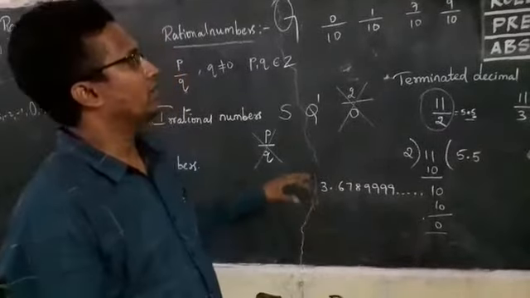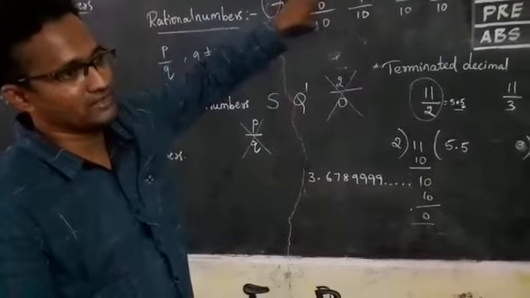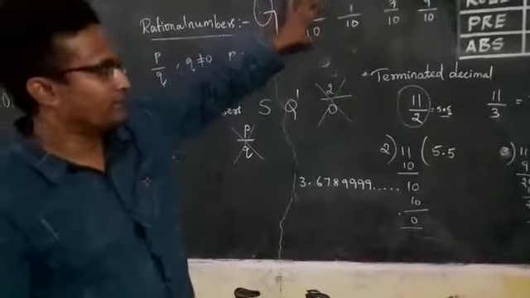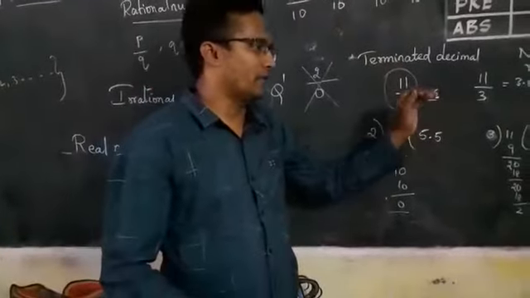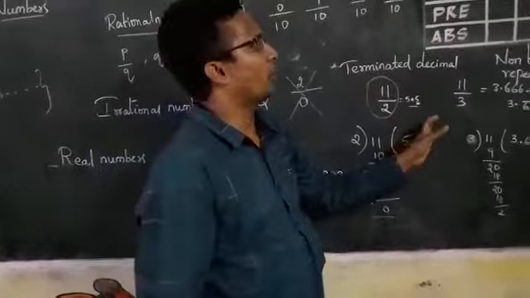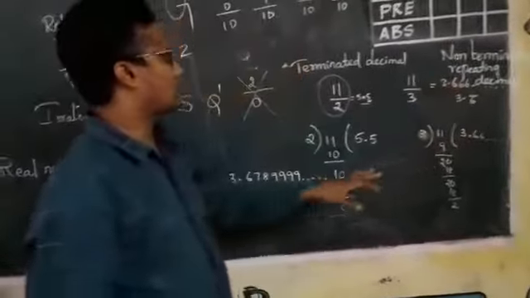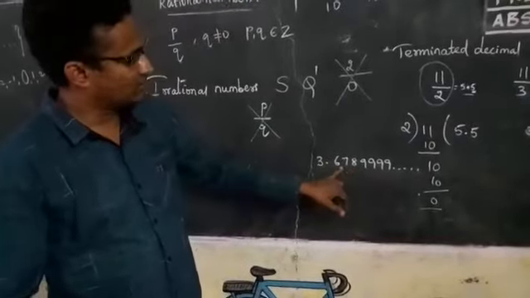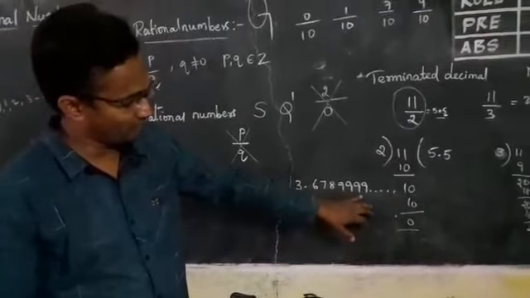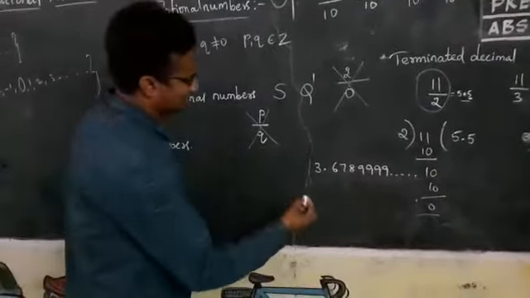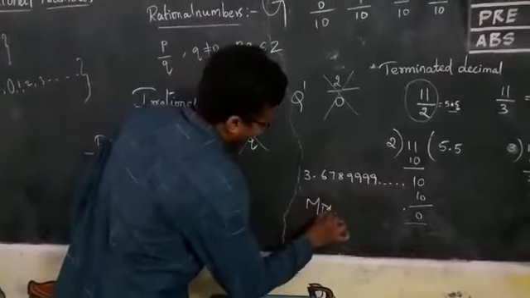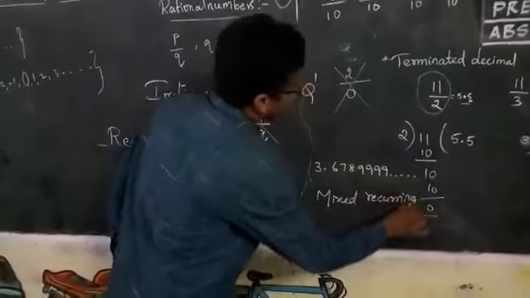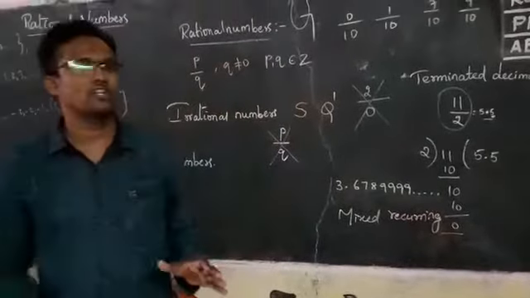So if you divide rational numbers, the decimal part may terminate, the decimal part may repeat, or some of the digits may not repeat and some of the digits may repeat. Such decimals are called mixed recurring decimals.